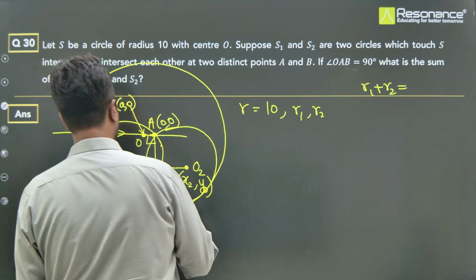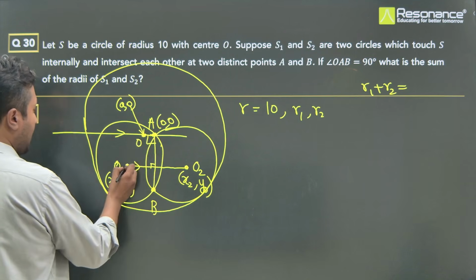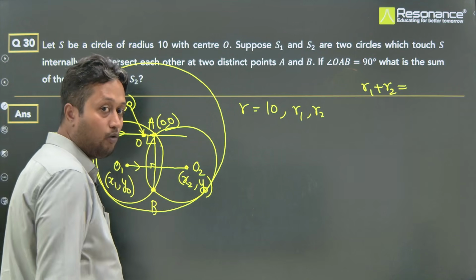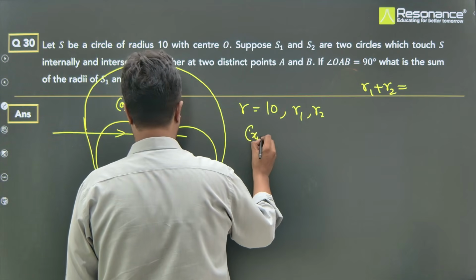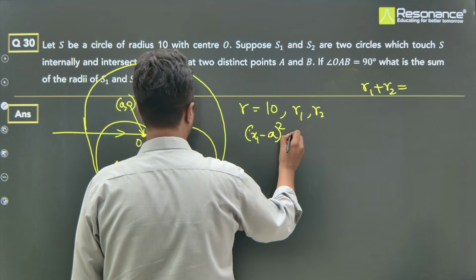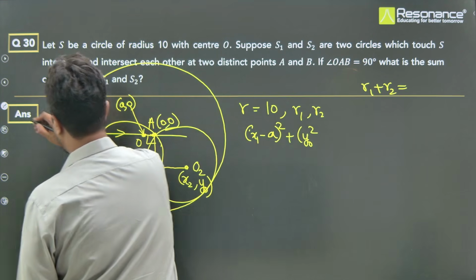So let's write that down. The distance between the centers, where are the centers? The centers are here and over there. So O and O1 are the centers. So the distance between them is x1 minus a whole square plus y0 square, right?